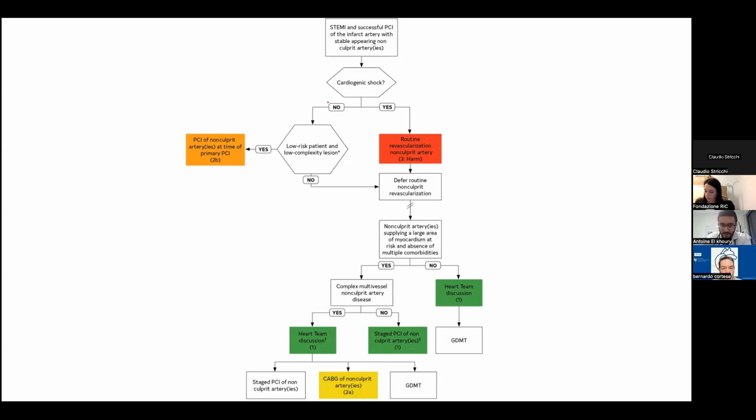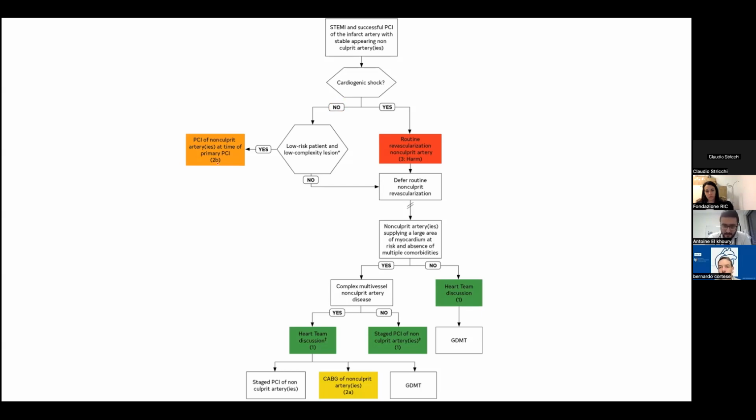Okay, so if the patient initially doesn't have a cardiogenic shock, after stenting the initial vessel, sometimes, if the patient is low-risk, a patient without a lot of comorbidities, and if the vessel is of low risk, meaning that it's not a bifurcation, it's not a left main, it's a regular vessel, we can sometimes proceed to complete revascularization in certain patients in the initial procedure.